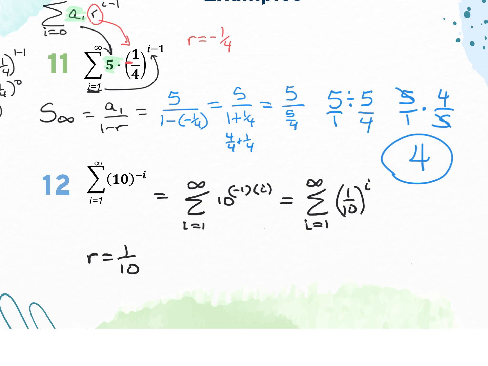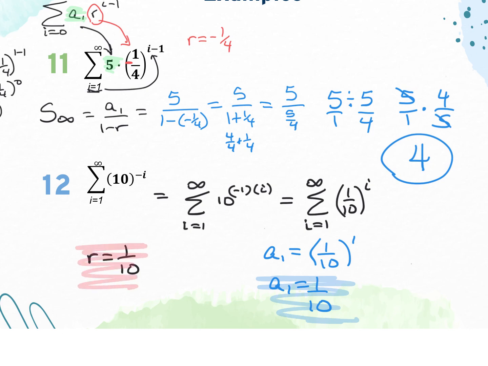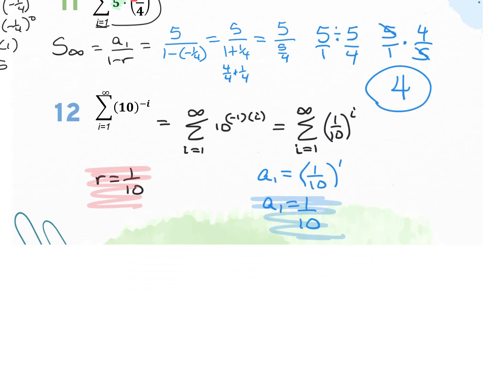To find my first term, I'm going to plug in the 1 here. So 1/10 raised to the first power, and my first term is 1/10. So notice again we got some duplicates here. My first term is 1/10, and so is my common ratio. So let me just put it into the formula.